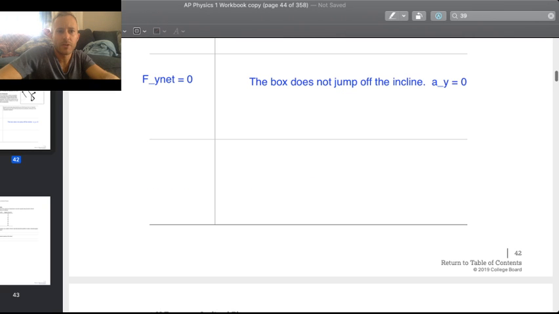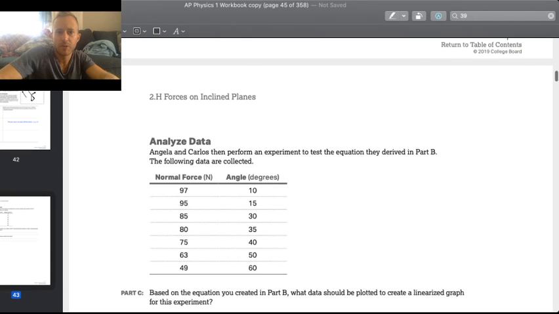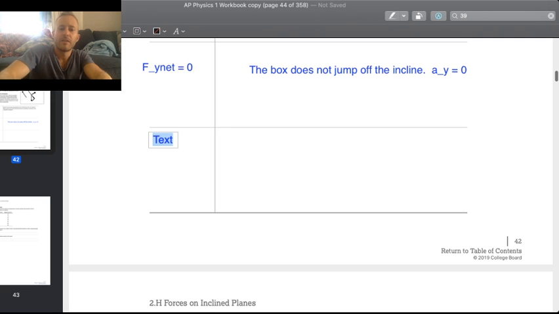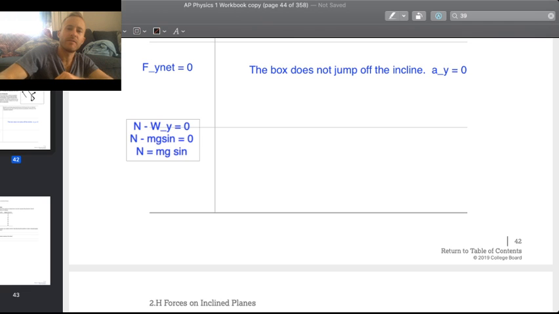So my net force in the y direction is going to be, oh, it's not even giving me any more space. So I would say we have normal force minus the y component of the weight force equals 0. And then the y component of the weight force is going to be mg sine theta. So that means that the normal force is equal to mg sine. All right, I'm not going to explain it. I just explained it in words.